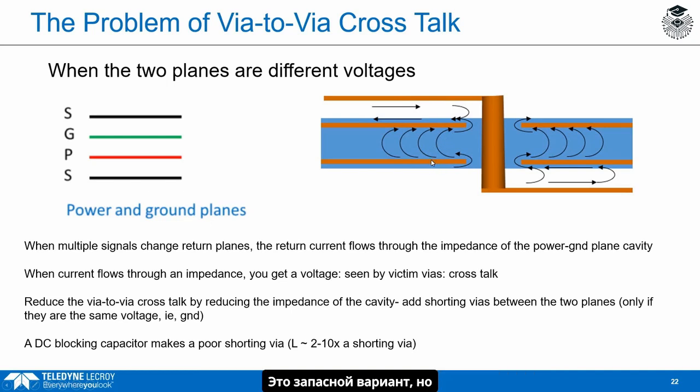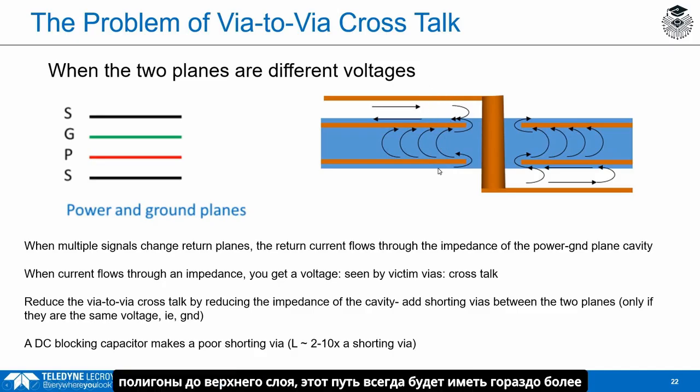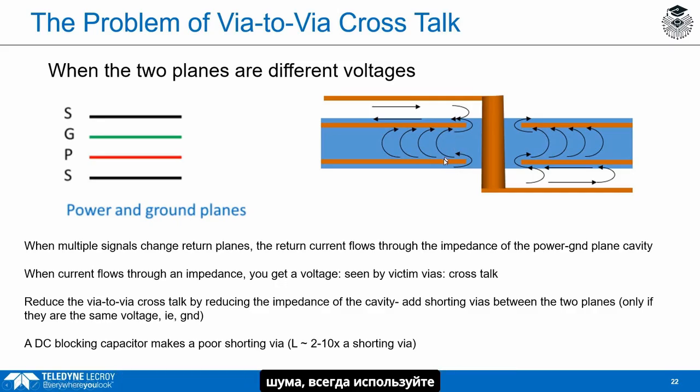That's a fallback position, but that inductance of the capacitor with the two vias connecting the top plane and the bottom plane up to the top surface, that path is always going to have much higher impedance than a simple shorting via. And so if you want the lowest noise, you always want to use the planes of the same voltage to enable us to add that shorting via. Doesn't mean that it's not going to work if you make them power and ground planes and you have the capacitor.